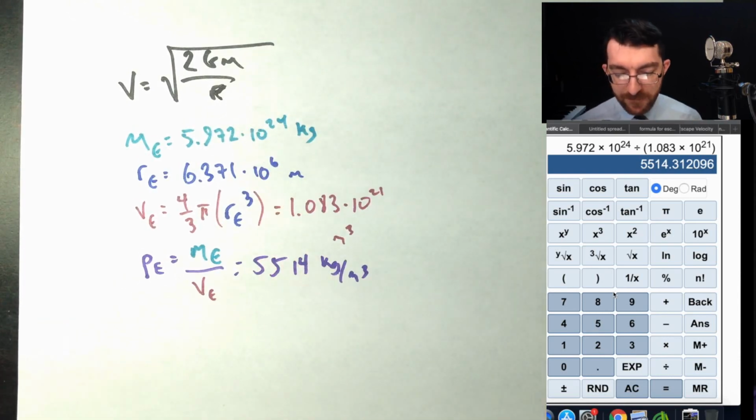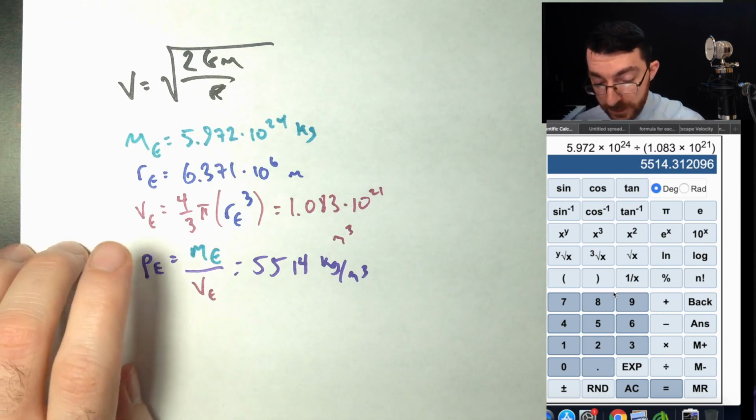Okay, so since we have the density, what I'd like to do is re-express the radius in terms of the mass, so that the only thing that I need to worry about is the mass, and we'll let the radius... You know what? No. I think it would be easier for us to picture a different radius. Let's re-express the mass in terms of the radius. So that's going to work like this.